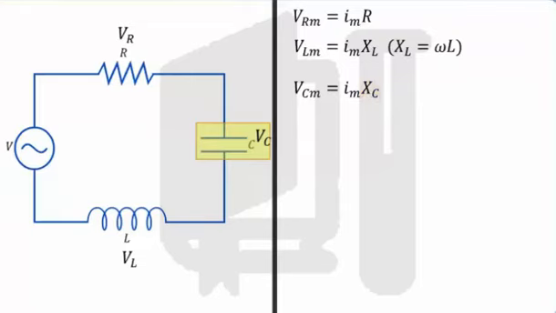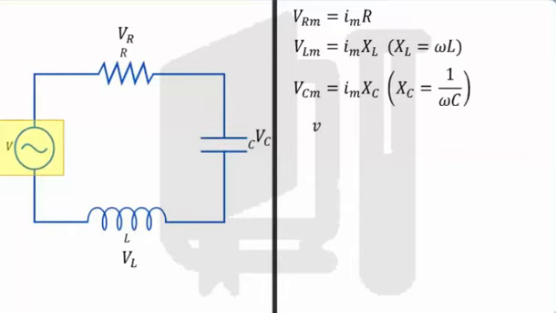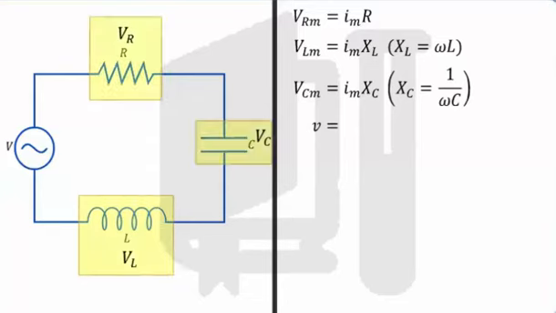The instantaneous total voltage V in the circuit is equal to the algebraic sum of the instantaneous potential differences across the resistor, capacitor, and inductor, represented as VR, VC, and VL respectively. This can be vectorially represented as the sum of the phasors VL, VC, and VR, which can be calculated as follows.